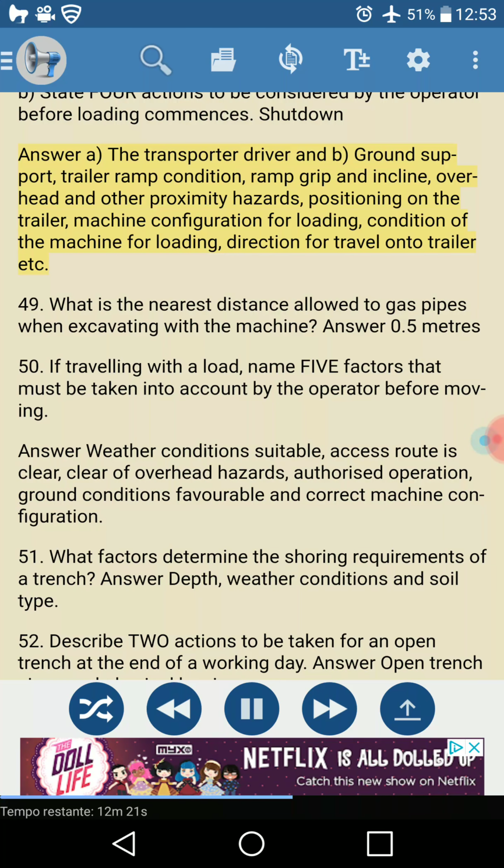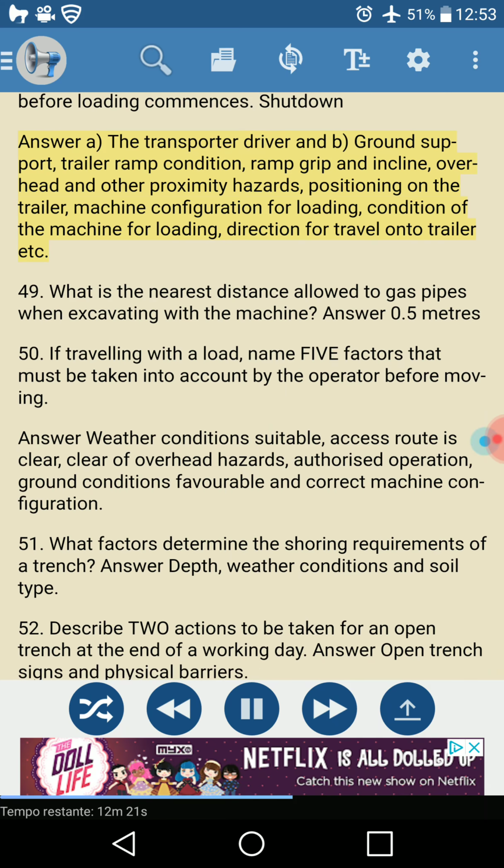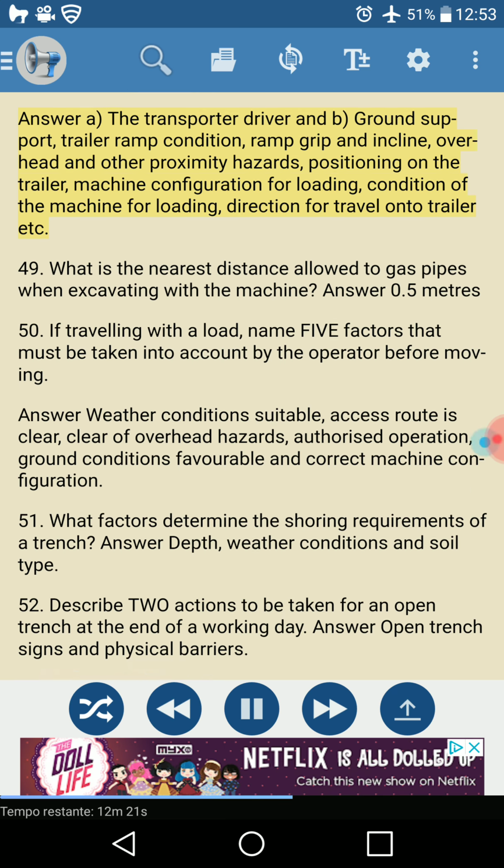Answer: A. The transporter driver, and B. Ground support, trailer ramp condition, ramp grip and incline, overhead and other proximity hazards, positioning on the trailer, machine configuration for loading, condition of the machine for loading, direction for travel onto trailer etc.